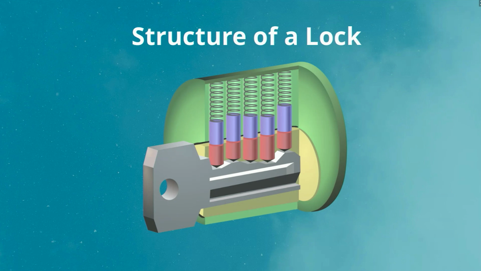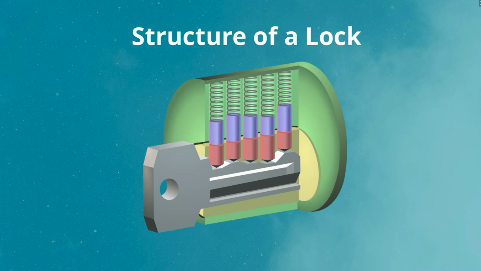So you can see here on my screen a simplified diagram of your normal, typical tumbler style lock. And there are basically four main components here. You have the lock body that you can see here in green. Then inside the lock body, in yellow, is the actual barrel of the locking element.